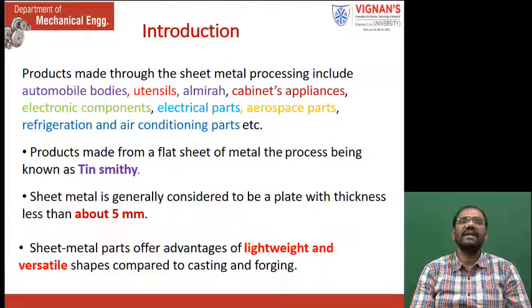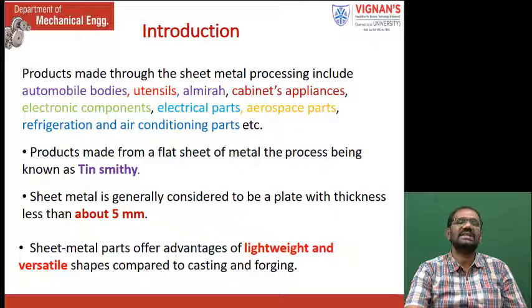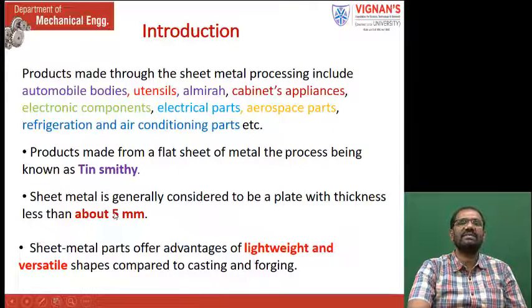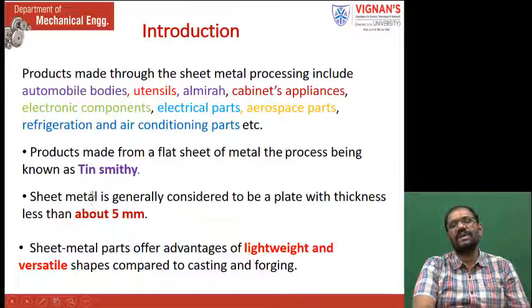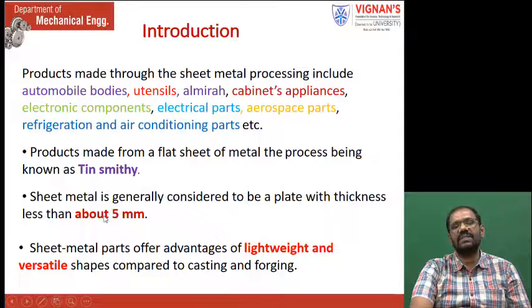The products made from a flat sheet of metal, the process being known as tinsmithy, as I told you just before. Here the sheet metal is generally considered to be a plate with thickness less than 5 mm. In some textbooks it was written as 5 mm, in some as 3 mm. In old textbooks it was 3 mm.